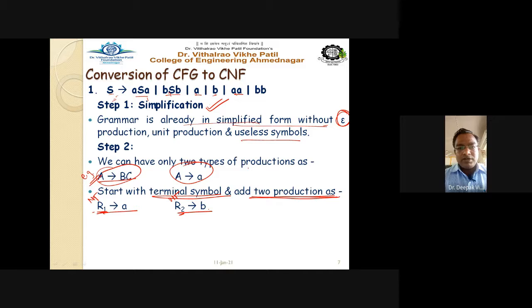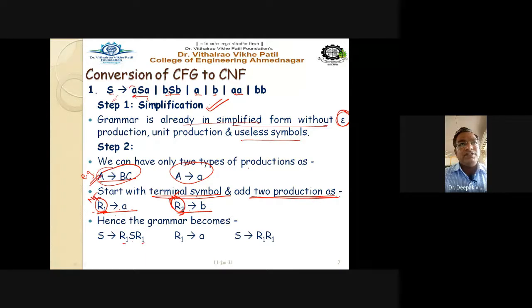So take the terminal first and make new production rules for producing that terminal symbol, just like here, R1 produces a and R2 produces b. R1 and R2 are newly introduced non-terminals. So by adding these 2 rules, the grammar becomes: S gives R1 S R1, because here a is replaced by R1 and this other a is replaced by R1.